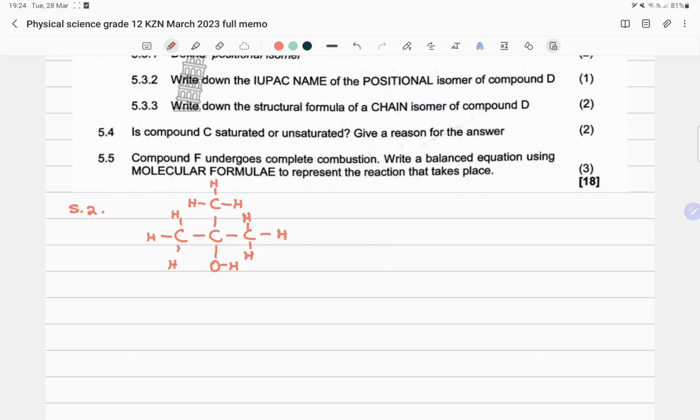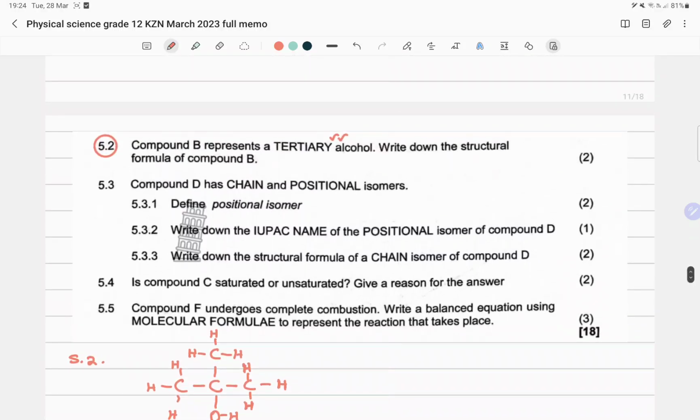Or you can say 2-methyl propan-1-ol. So those are the synonyms, by the way, so it's not a big deal, guys. Some synonyms are just synonyms.